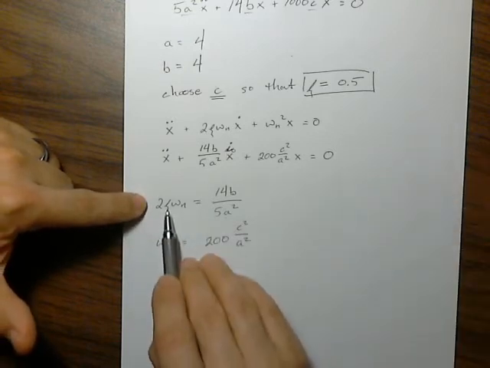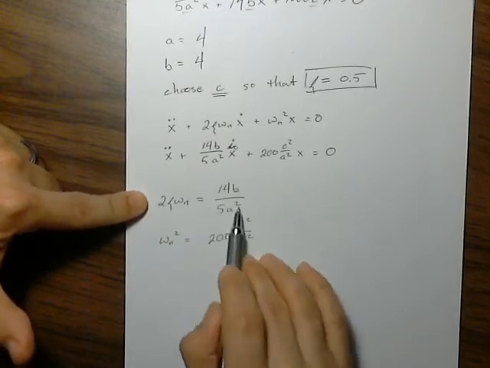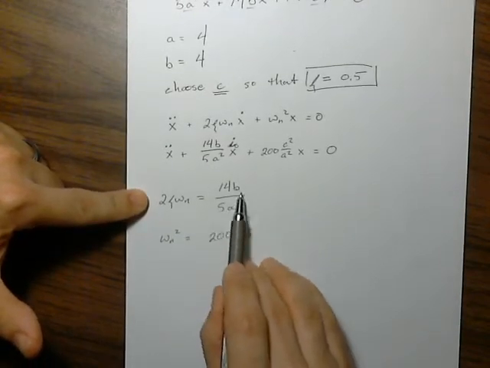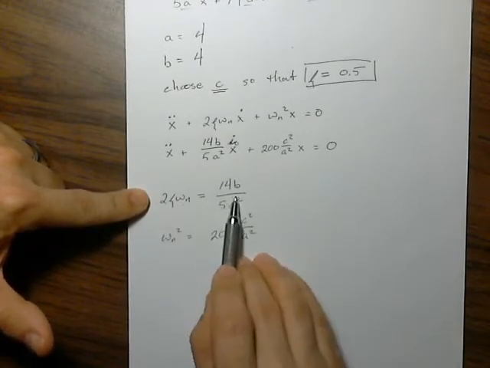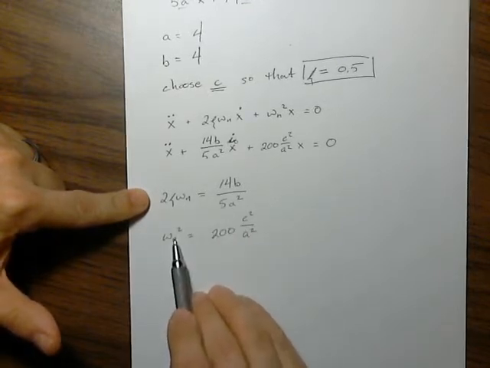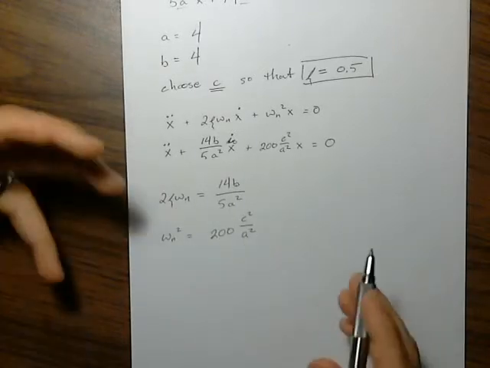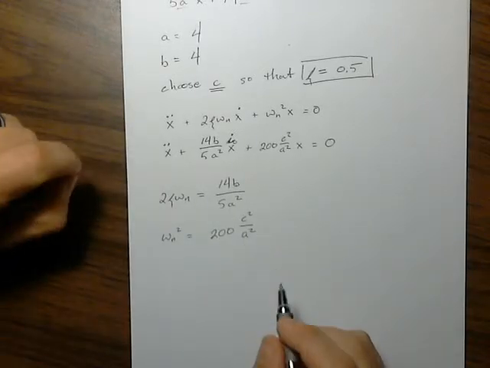Now I've specified what zeta needs to be, but there's no C here. So at first glance it looks like, wait a minute, I can't affect zeta with C. Well, yes you can, because C affects omega n.